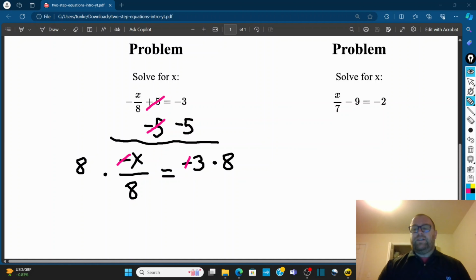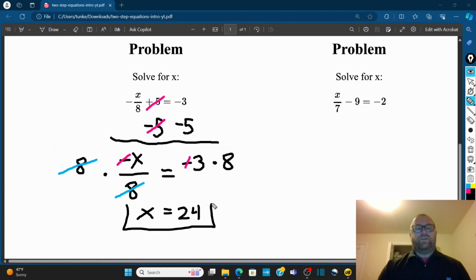So on the left-hand side, the 8s will cancel. We'll be left with x equals 3 times 8, which is 24. So that's our solution to that one: x equals 24.